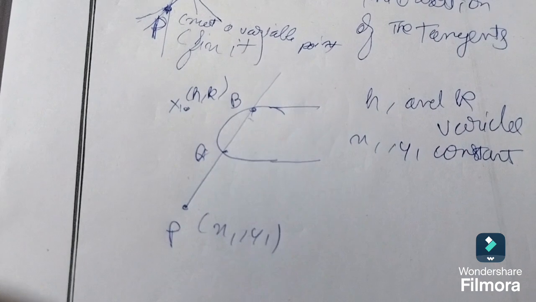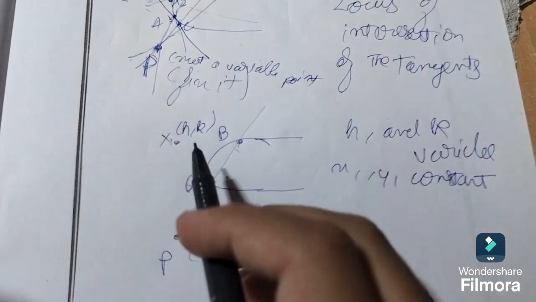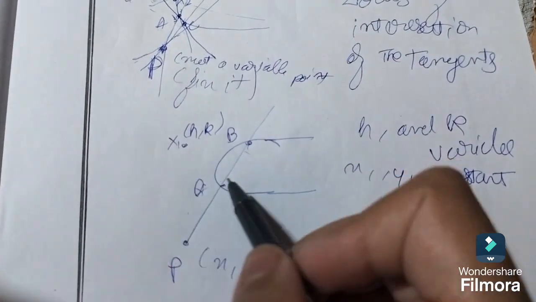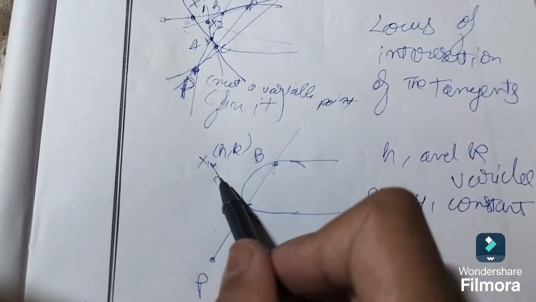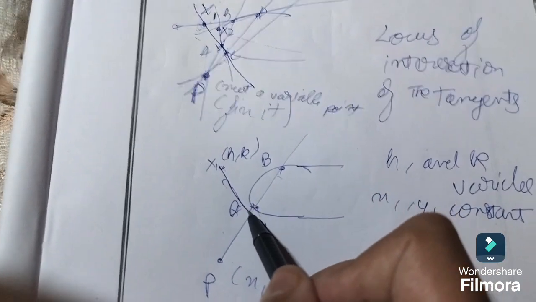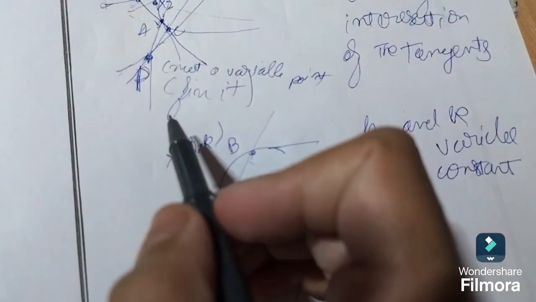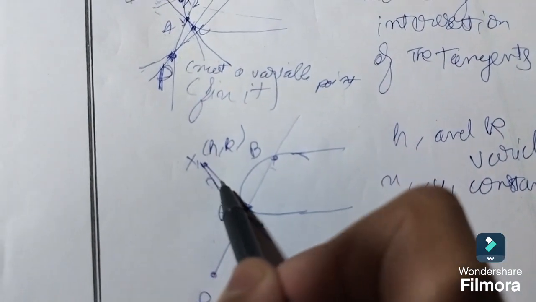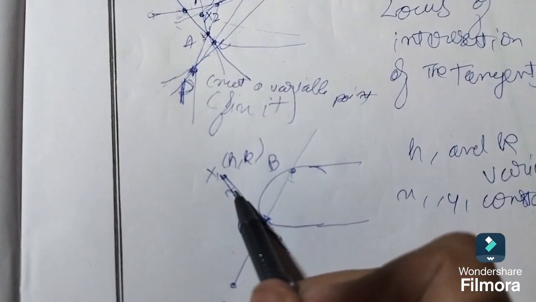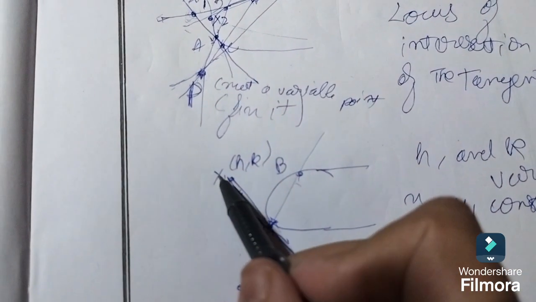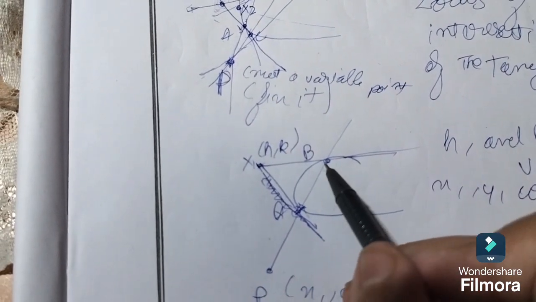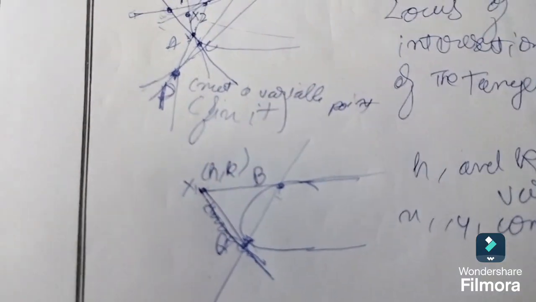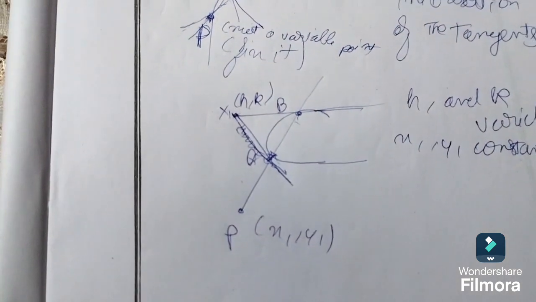If x1, y1 is constant and h, k is variable, then you see that if we draw the two tangents, basically this is a tangent and this is a tangent.